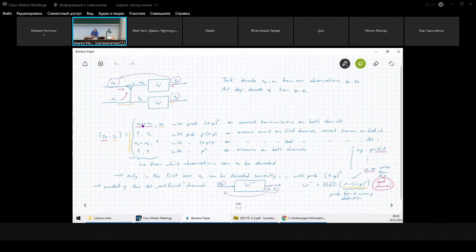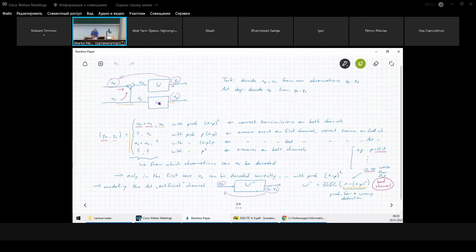The first case that we have to consider is if we have the correct transmission on both channels. This will happen with probability 1 minus p times 1 minus p for the correct transmission. And no error on the first channel means y0 will be just the sum of u0 and u1.